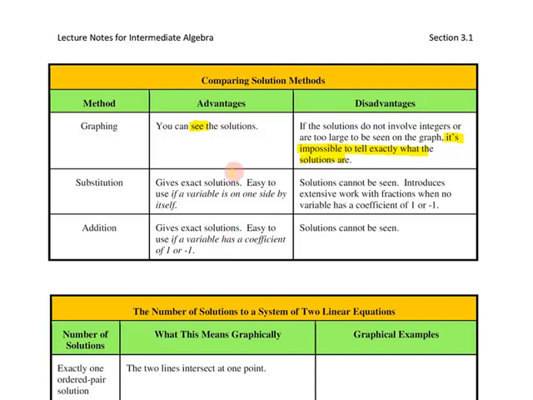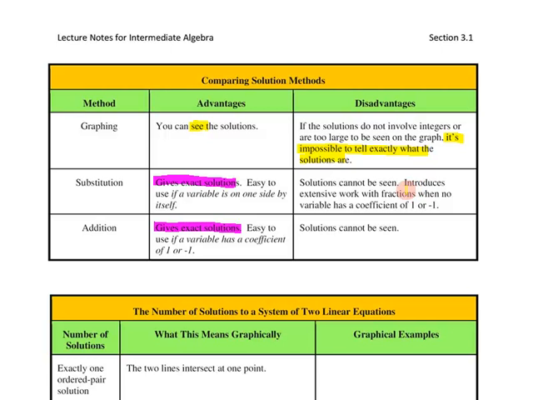Now, both substitution and addition have the advantage of giving exact solutions. The best time to use substitution is if a variable is on one side by itself already. The disadvantage is that you don't get to see the solutions, and it also sometimes introduces extra work with fractions when no variable has a coefficient of 1 or negative 1.